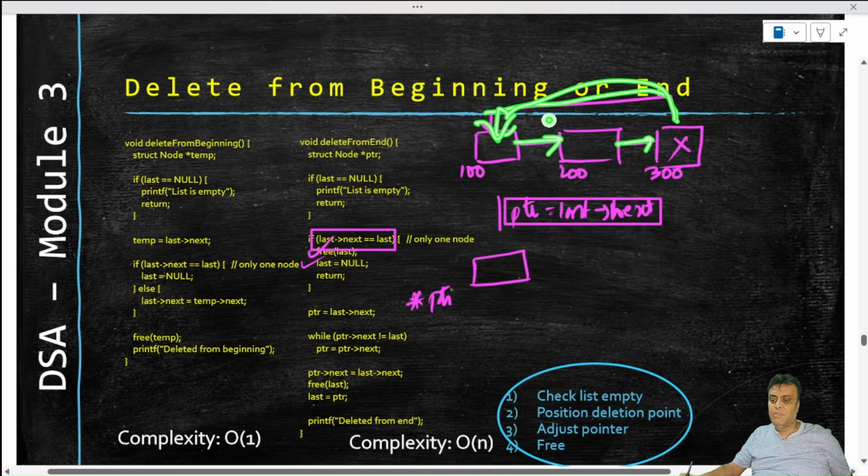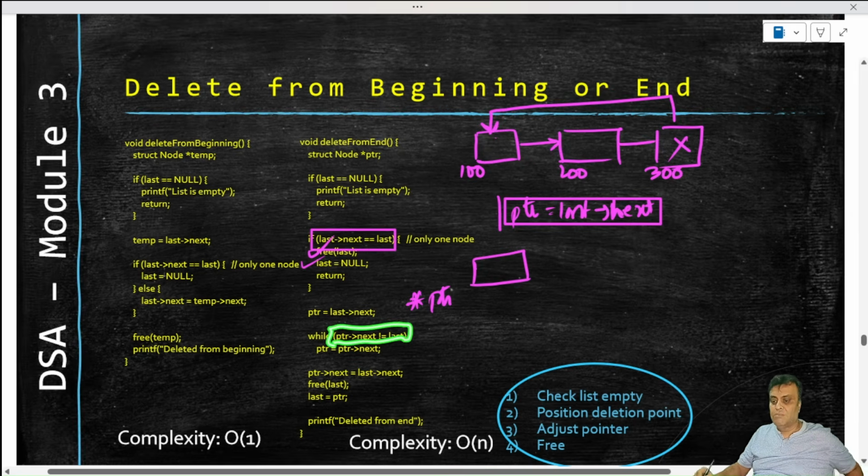At that point what happens? PTR's next becomes equal to my last. Right? What is PTR next, by the way? Last is supposed to be the last element. So PTR next has reached the last.